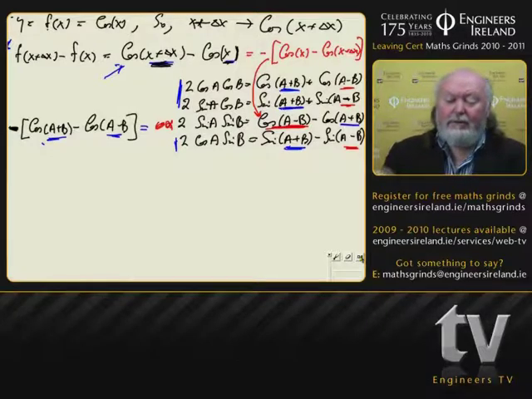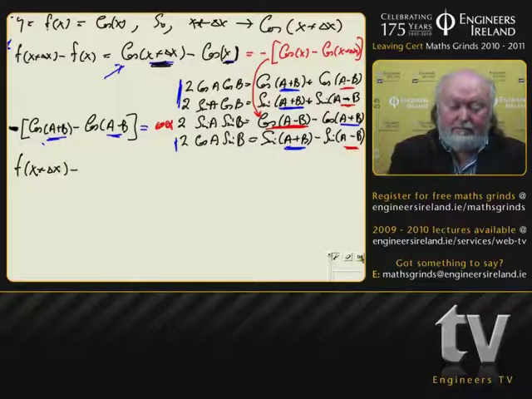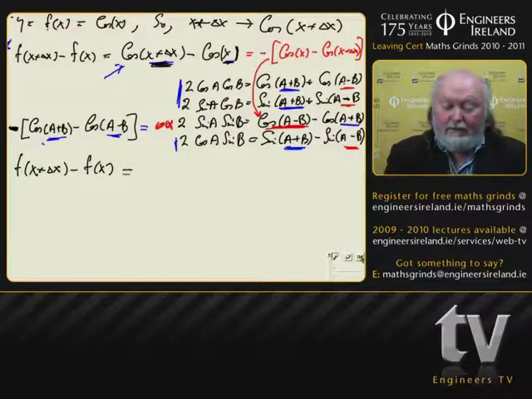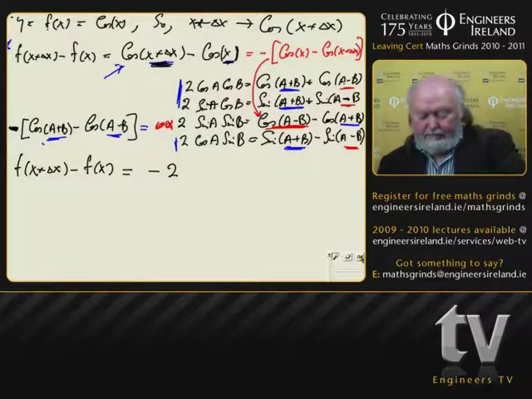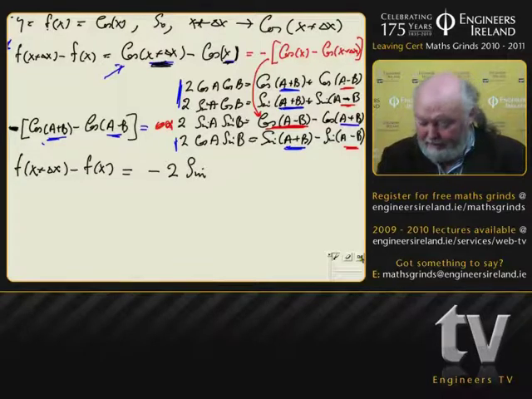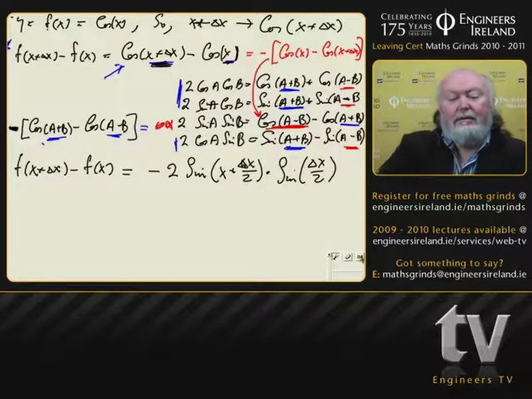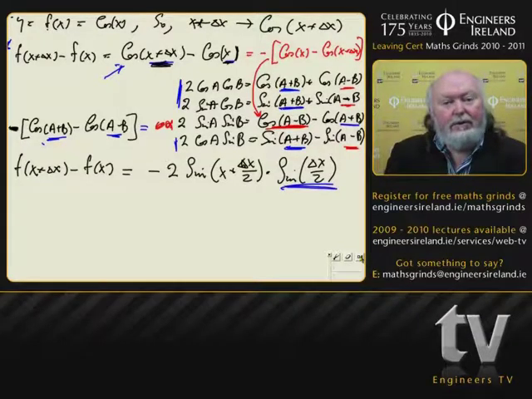What we'll finish up with is that it's now going to be equal to minus 2 sine of that bit is the same as before.